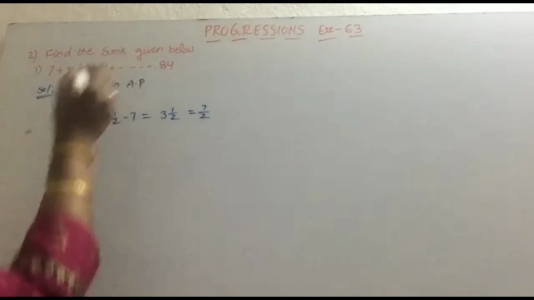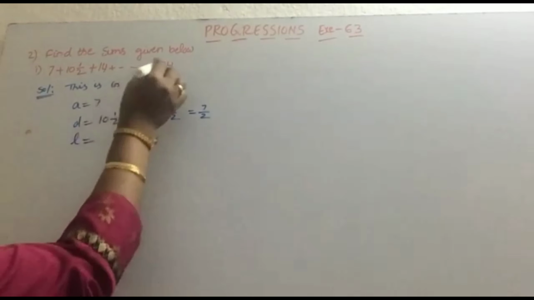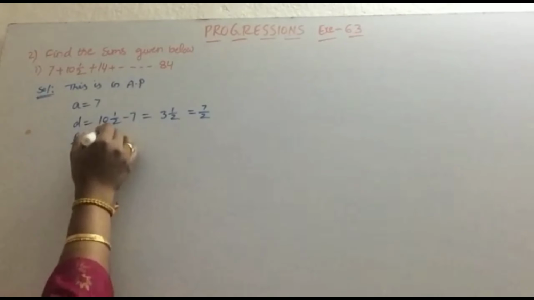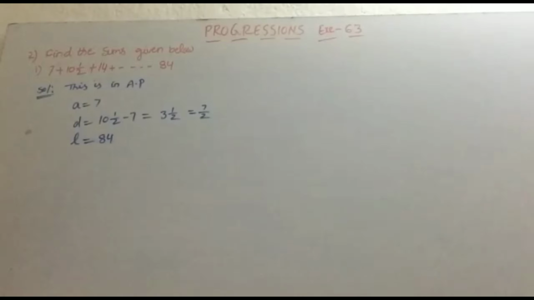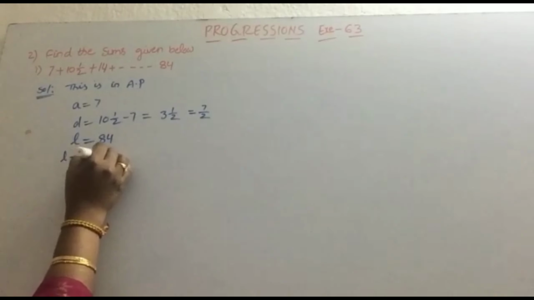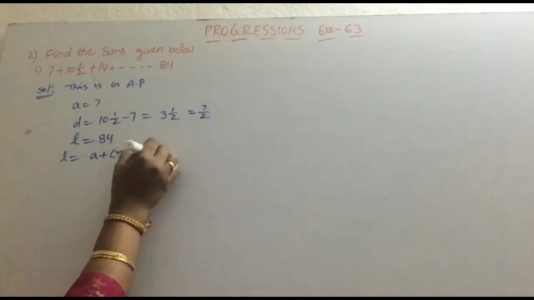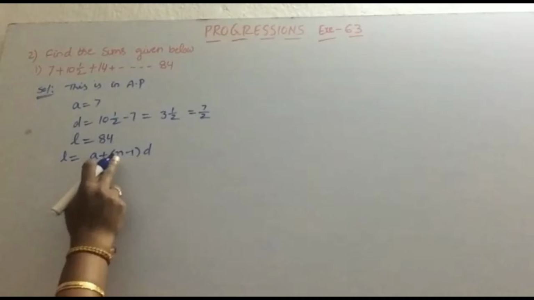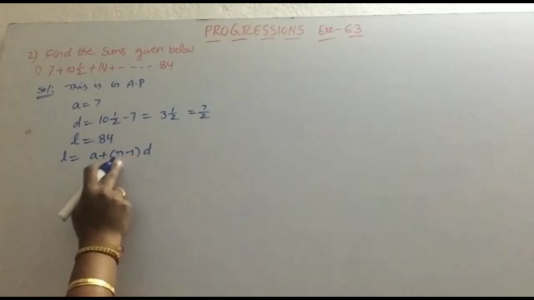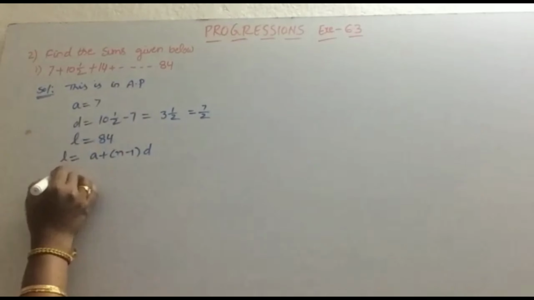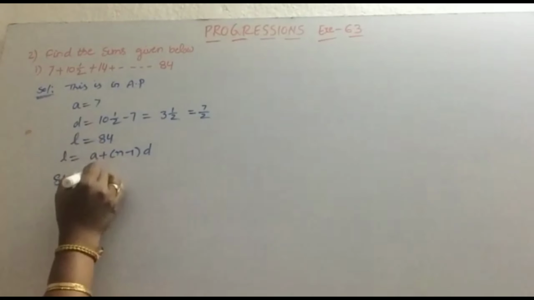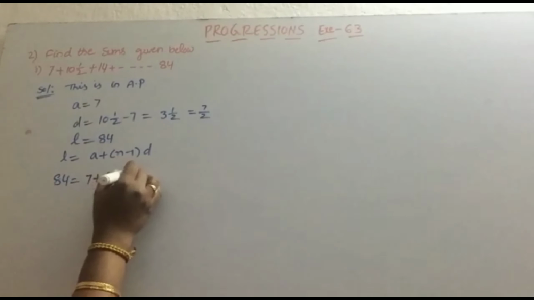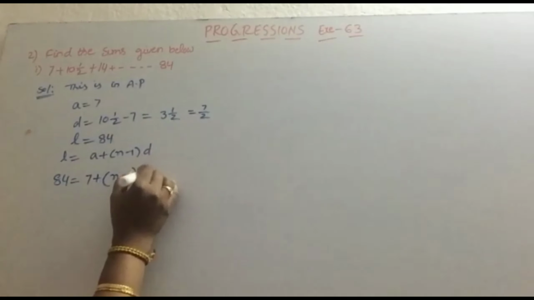And here the last term l equal to 84. We know that l is equal to a plus n minus 1 into d. We will find the value of n. So l is 84 and a is 7 plus n minus 1 into d is 7 by 2.